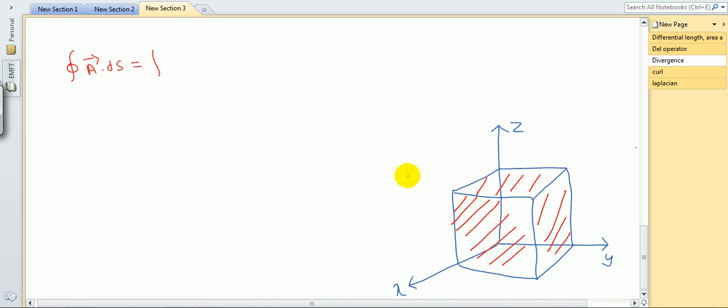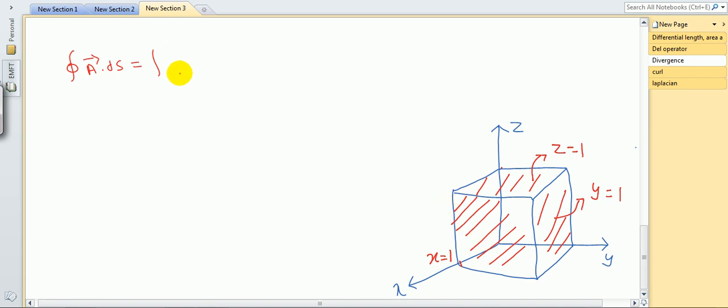On this surface the value of x is 1, so I can say this is the x equal to 1 surface. For this surface the value of y is 1, so this is the y equal to 1 surface. At this one z equals 1. As this is a unit cube, the values of x, y and z are limited to 1, so at the boundaries their values are 1.